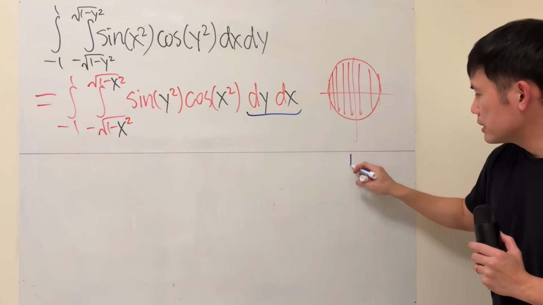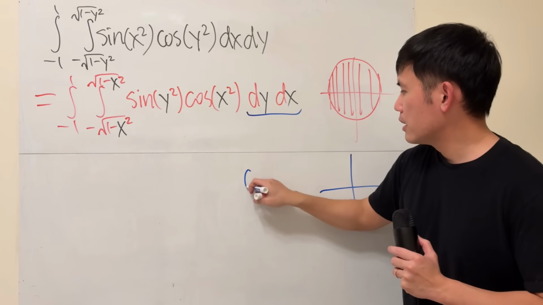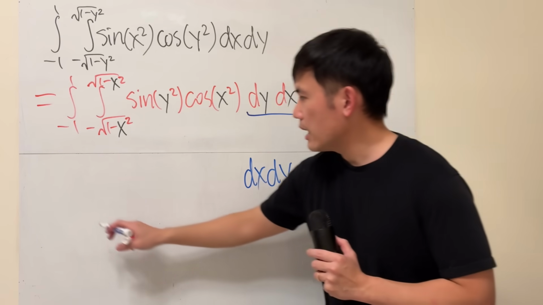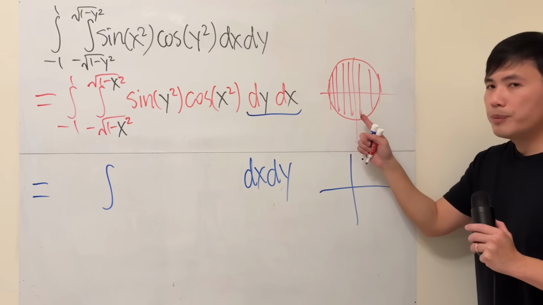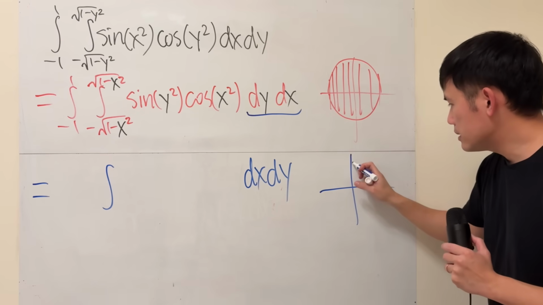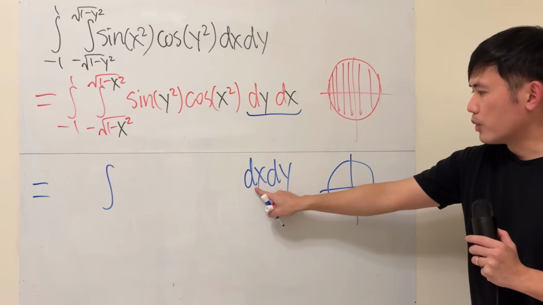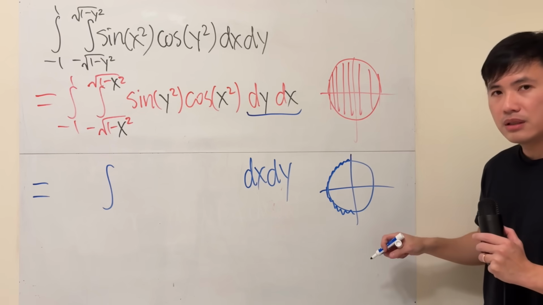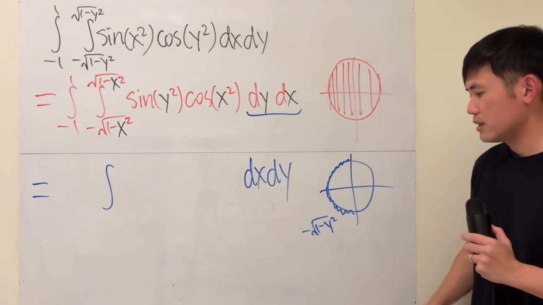Now, what I'm going to do is switch to dx dy. That's what we want. So in that case, I'm going to be looking at this circle. It's again the circle. But in the x world, I want to look at this portion here first. And what's the equation for this? That's precisely negative square root of 1 minus y squared.